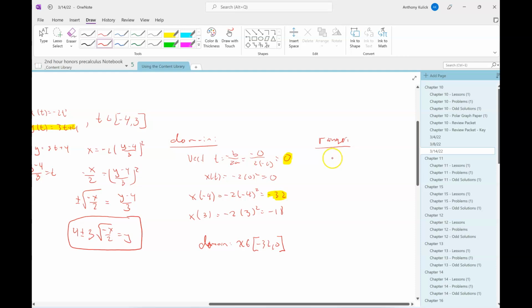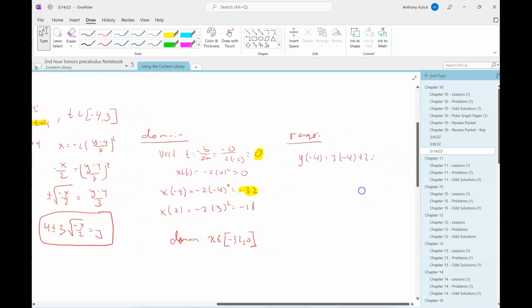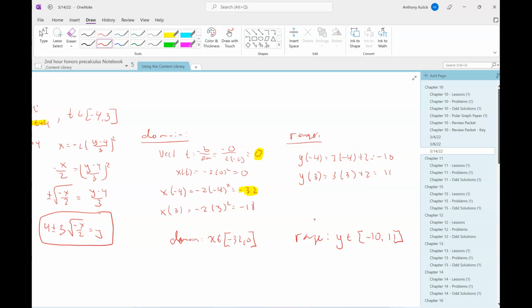But since the y equation is linear, all I care about there is the endpoints. Is that okay, Anise? Bless you.